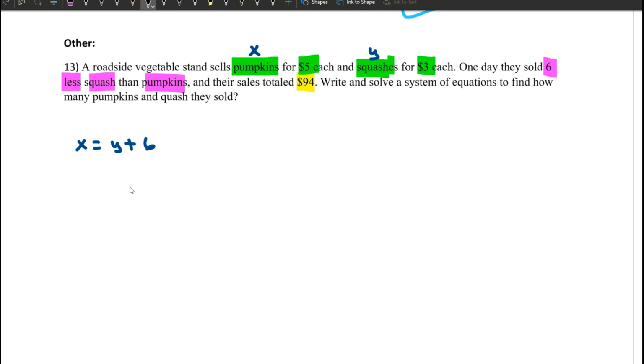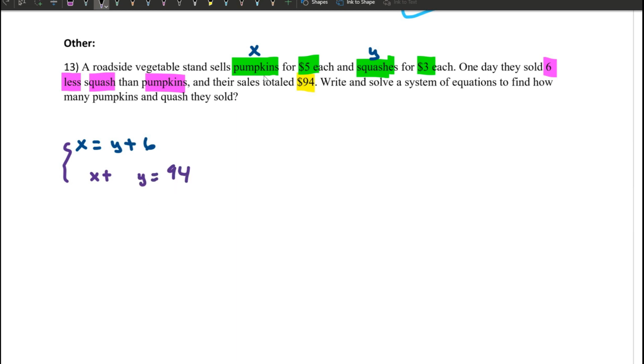That's how I figured it out. 6 less squash than pumpkin. I'm asking myself which is more. So pumpkin is more, which means the amount of squash plus 6. Okay. I don't know if it makes sense. The second equation we have is that whatever they sell, that is pumpkin and squash, the total cost is $94.